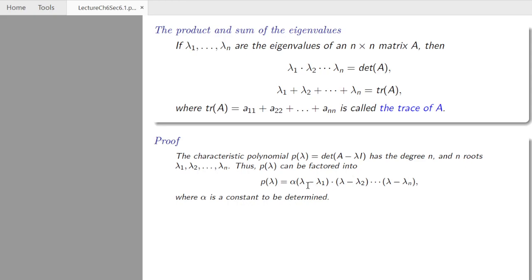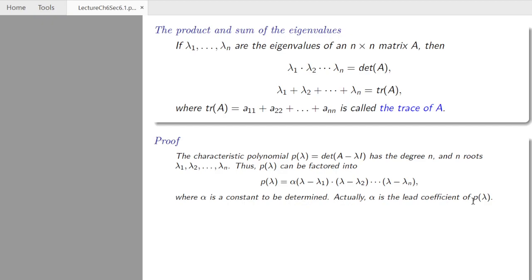The only thing we need to find is the scalar alpha in the front. That's the coefficient we need to find. Once we find alpha in the beginning, then we get the factorization for the characteristic polynomial P(lambda). Actually, we can say alpha is the leading coefficient of P(lambda).